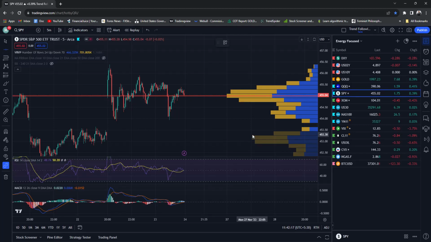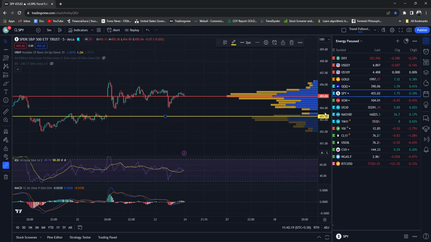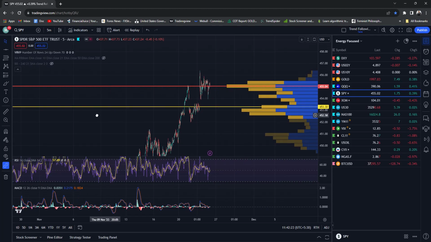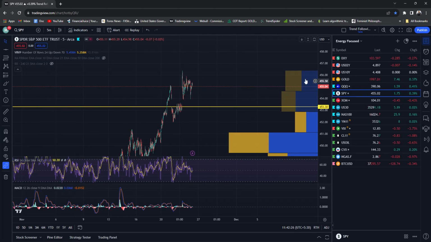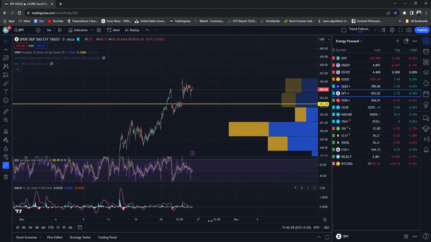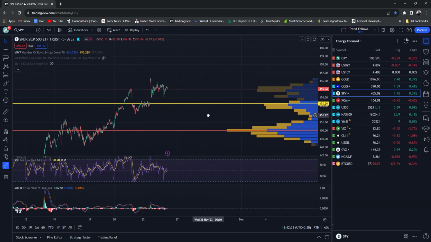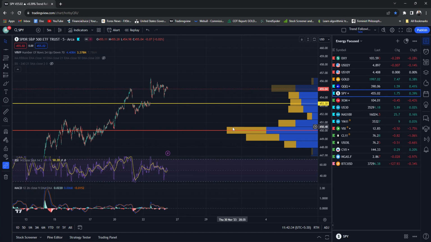So it's a high volume area. So let's look at this. That's the main volume.